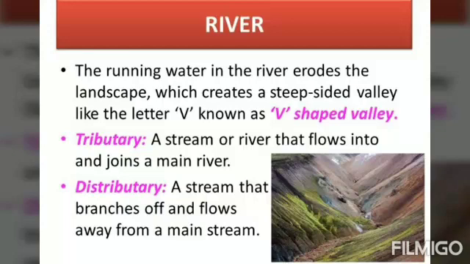Now we'll learn about a river. The running water in the river erodes the landscape, which creates a steep-sided valley like the letter V, known as a V-shaped valley. Tributary: a stream or river that flows into and joins the main river.